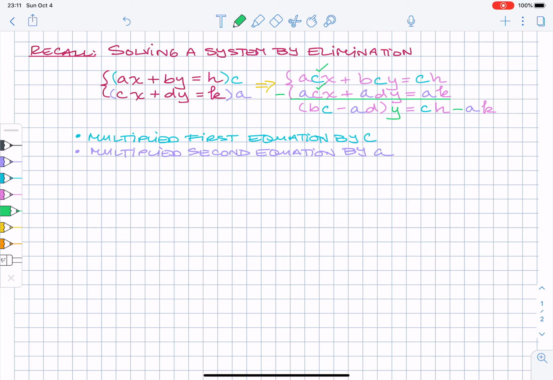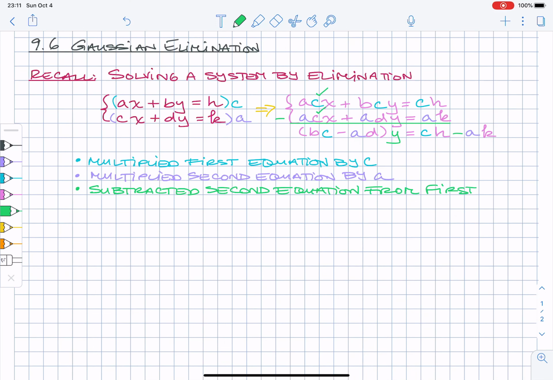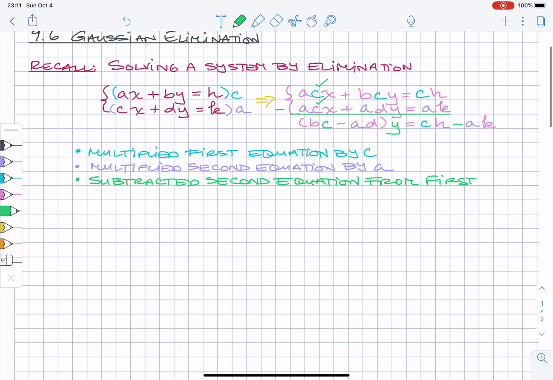Then we subtracted the second equation from the first. And all of these are valid steps. If you understand that these are valid steps, then you will understand what we're doing in this section, because it's similar. In fact, it is elimination, but just done in a different manner with matrices.